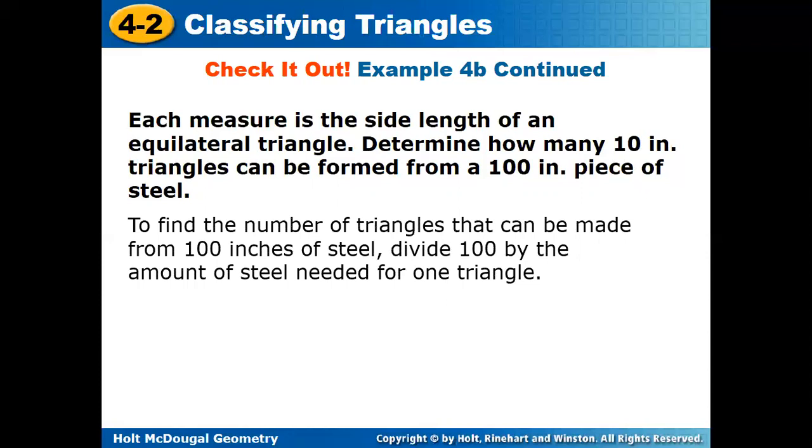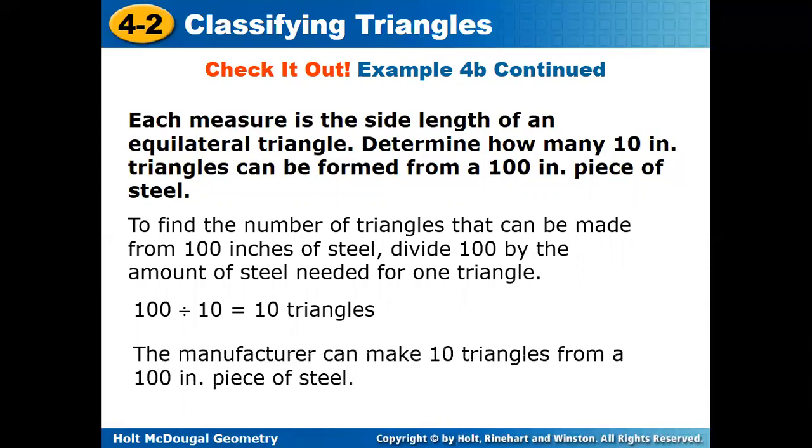Then to find the number of triangles that can be made from 100 inches of steel, divide 100 by the amount of steel needed for one triangle. So 100 divided by 10 equals 10 triangles exactly. So the answer is 10 triangles.